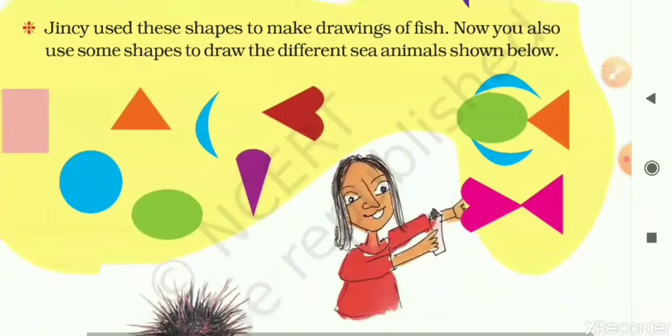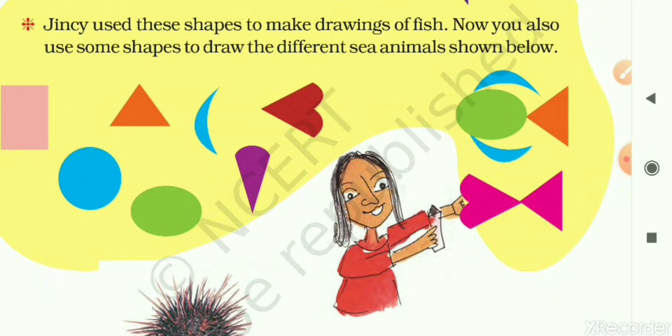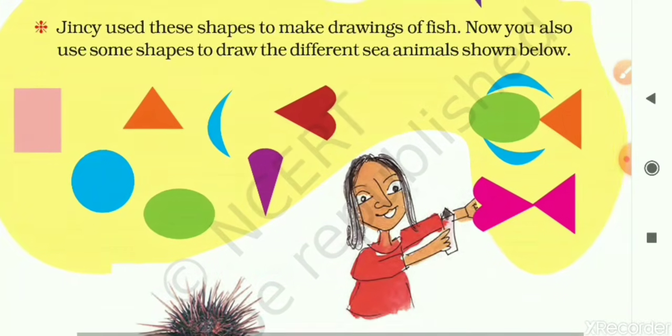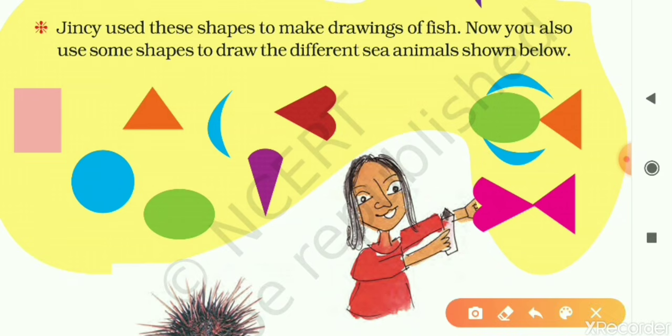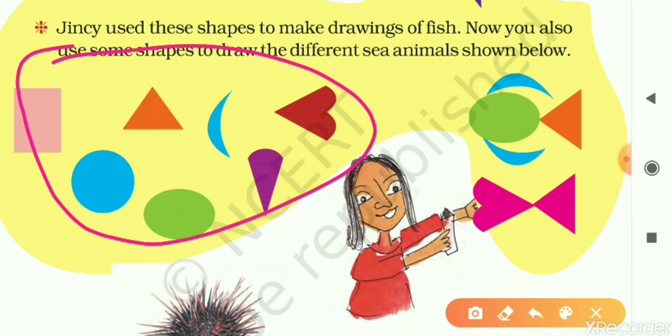Next, Jinsi used these shapes to make drawings of fish. Now you also use some shapes to draw the different sea animals given below. Okay, so here we have many shapes. Okay, some special shapes are here. Can you tell me the name of this shape? Yes, it is a rectangle.